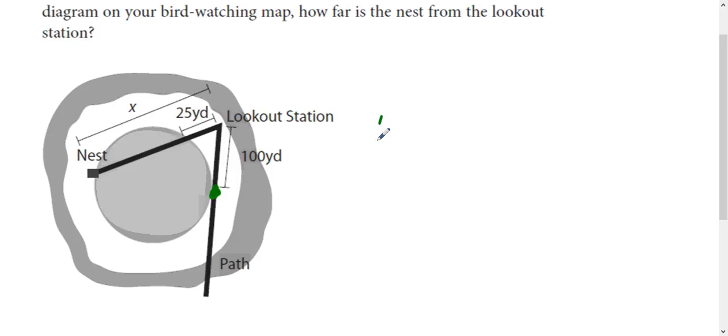That's the tangent segment. You square the tangent segment. And we have the outside portion here is 25 yards times the whole length for that secant. So you don't have to do any addition because they tell us the whole length is x. So 25 is the outside times the whole length is x.